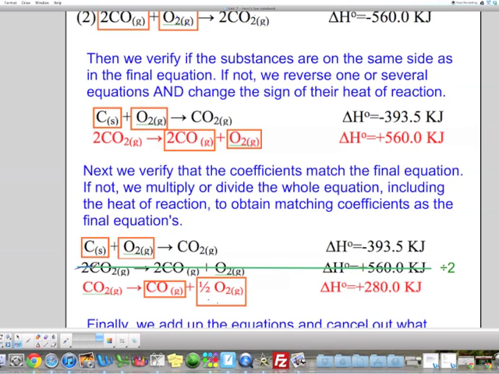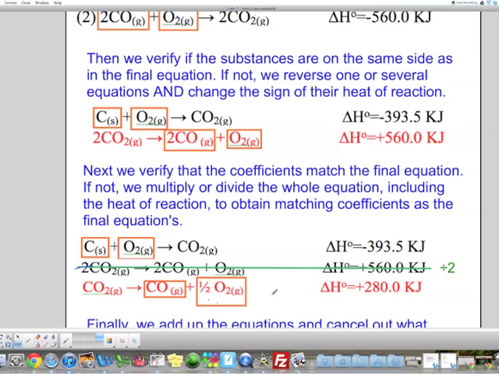So I went from 2 CO2 to 1 CO2, 2 COs to 1 CO, 1 O2 to half an O2. So now my substances are on the correct side of each equation, and they have the right coefficient. And by the way, let's not forget, since I divided the whole line by 2 here, I needed to divide the delta H over here by 2, which gives me plus 280 kilojoules.